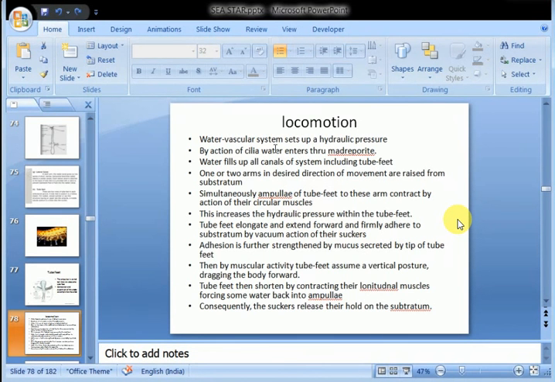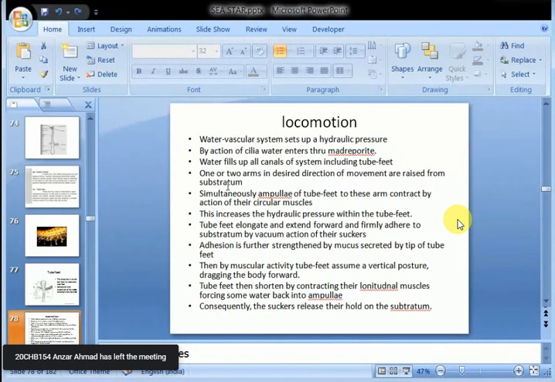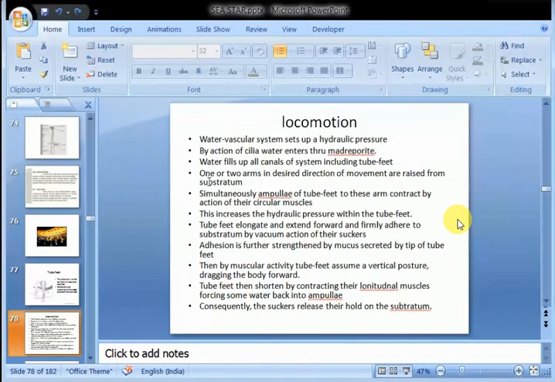Then how do they bring about locomotion? The water vascular system sets up a hydraulic pressure. By the action of cilia, water enters through the madreporite and fills up all canals of the system, including the tube feet. Then one or two arms in the desired direction of movement are raised from the substratum.